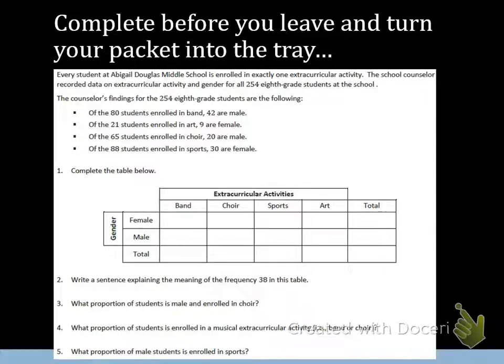So it gives you some things. I need you to complete the table and then answer question 2, 3, 4, and 5. When you do that, you are using that knowledge of the things that we have already covered in our work here today. So go ahead and complete that and then turn that into the tray along with your packet.